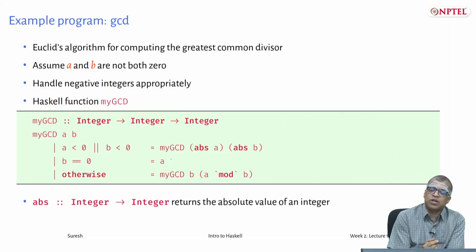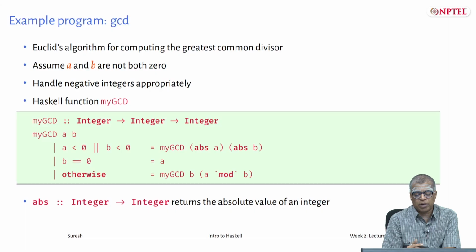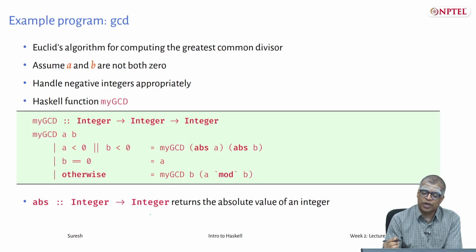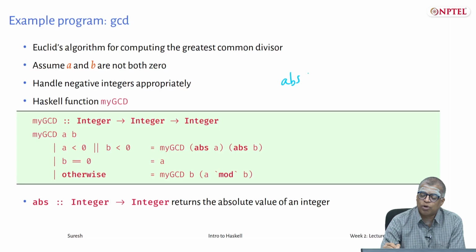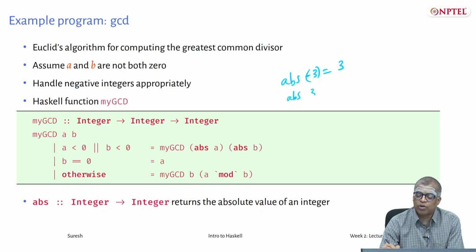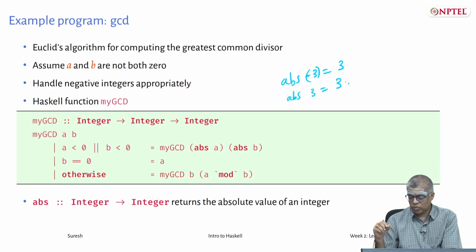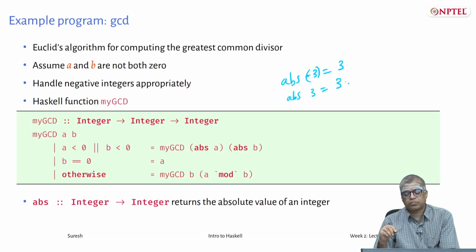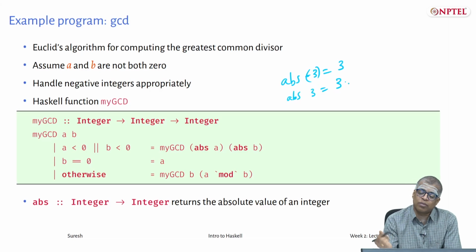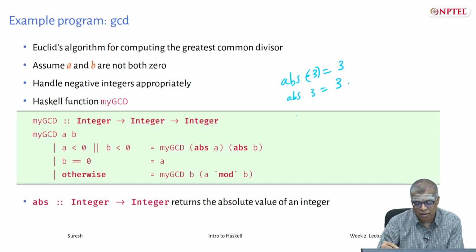abs is a built-in function, part of the standard library. It is of type integer to integer, and it returns the absolute value of an integer. So abs of -3 will be 3, abs of 3 will also be 3. Okay. You can define your own version of abs. You can use guarded commands perhaps.